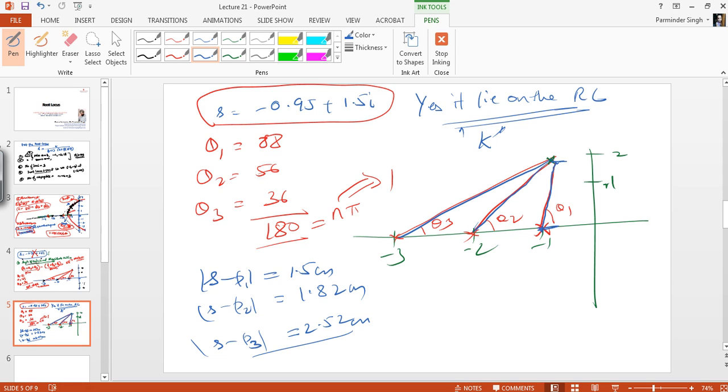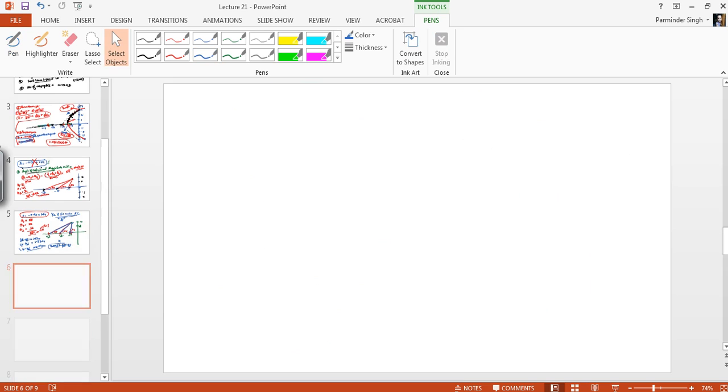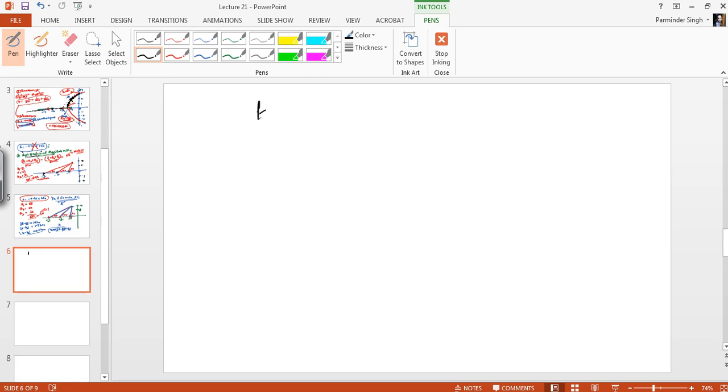Now if you look back at your open loop transfer function, it was k upon (s minus p1)(s minus p2)(s minus p3), that is, k upon (s plus 1)(s plus 2)(s plus 3).